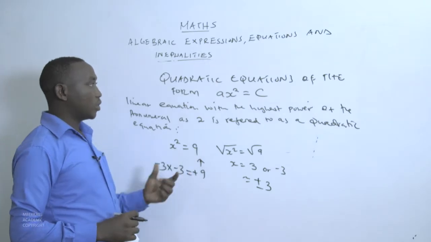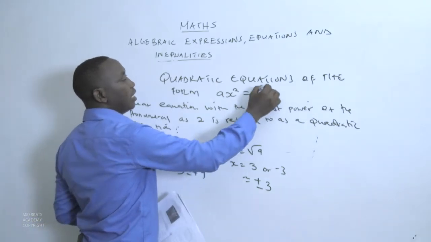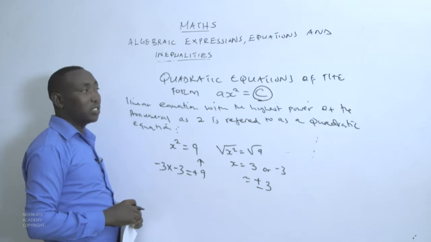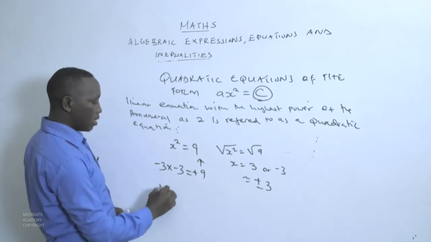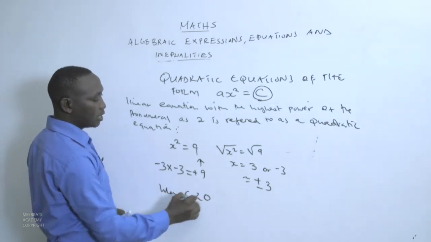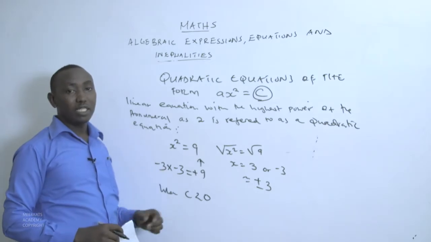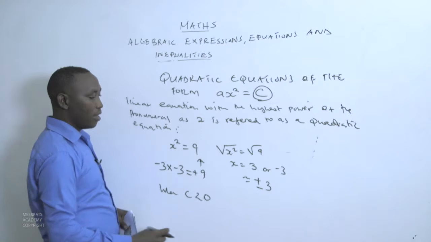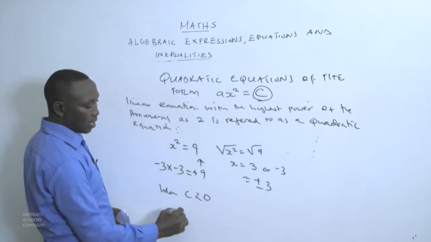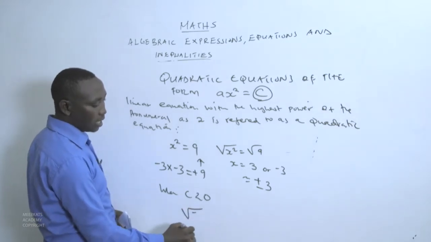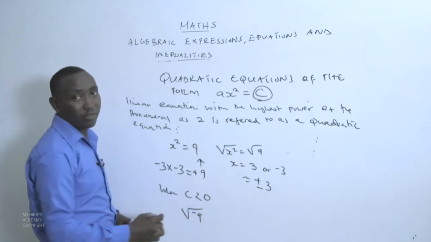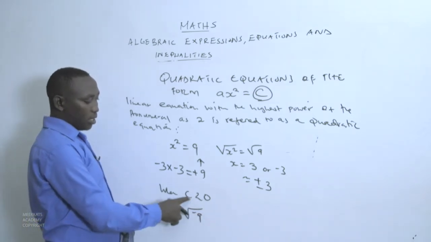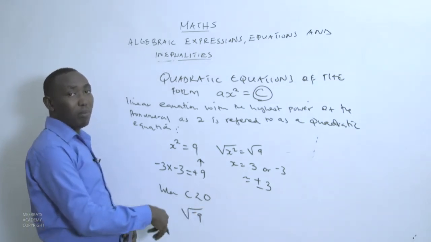What about the case where this c is less than 0? When c is less than 0, that means it's a negative integer. And therefore, when you try to find the square root of a negative integer, let's say negative 9, then there's a problem.